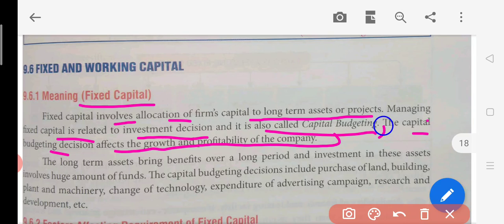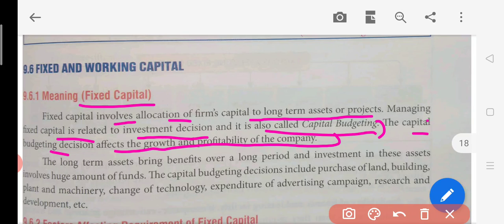When we say capital budgeting, we talk about the machinery or the project in which we are going to invest, which can fetch us quicker cash flows in the future. Simply, if you are making an investment of 10 crore rupees and you have two machineries to invest in, you go for machinery A instead of machinery B, because machinery A can recover your 10 crore investment in 5 years.